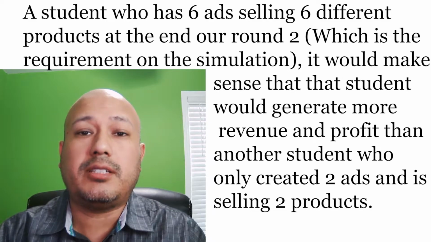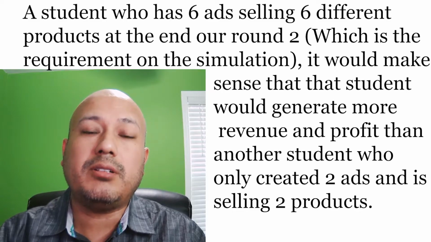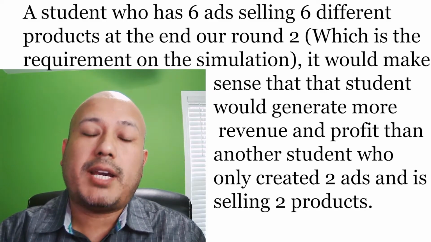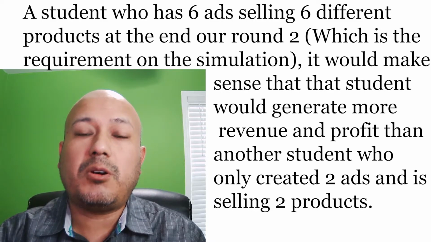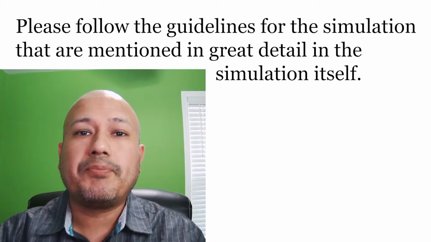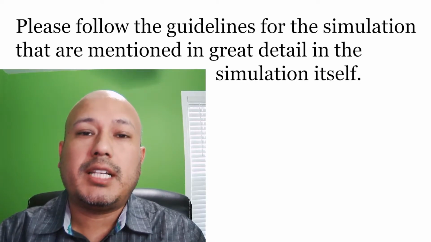So there is very little chance that your ad will generate as much revenue as somebody else's ads, where they have created 6 advertisements and you are only working with that one advertisement. So that is another problem that I noticed as well. So please follow the requirements of the simulation to the letter, right?